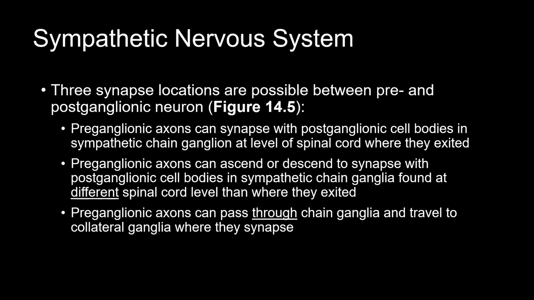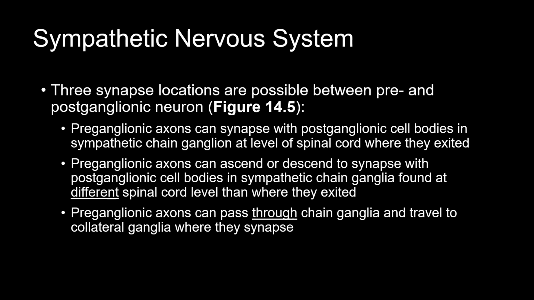The second is that the preganglionic axon will synapse with a postganglionic neuron in its sympathetic chain ganglion. The third is that the preganglionic axon passes through the chain ganglion and synapses with a postganglionic neuron in a collateral ganglion.